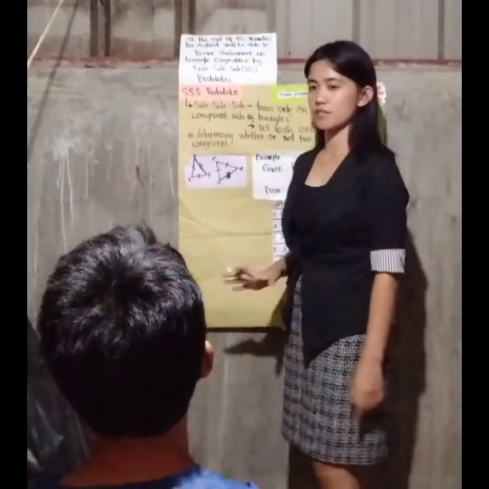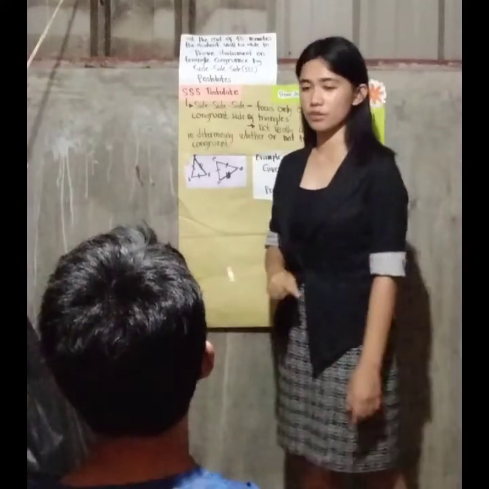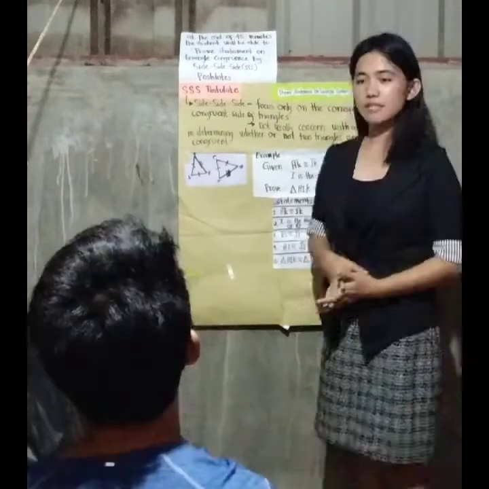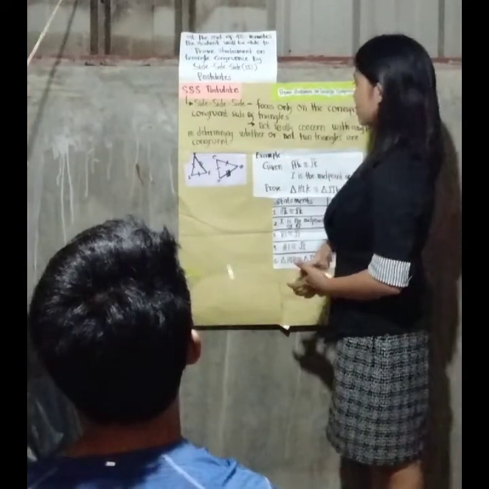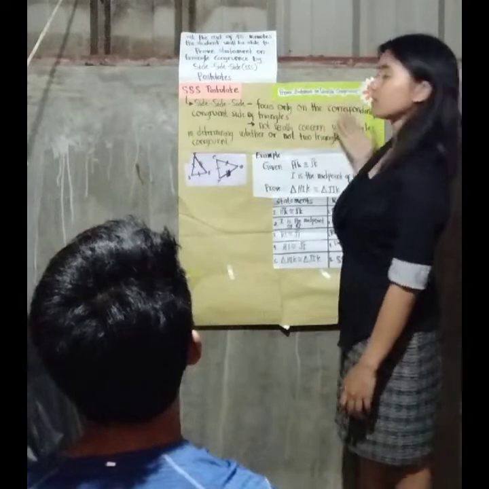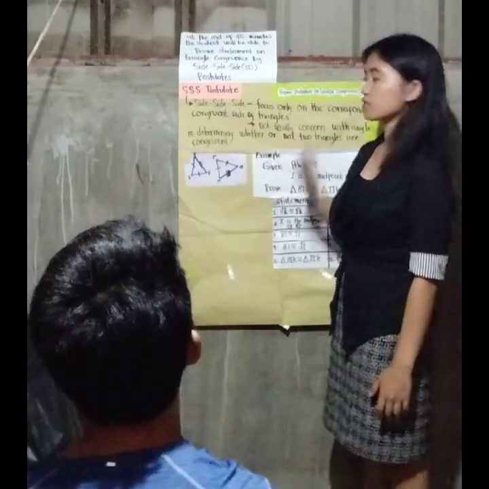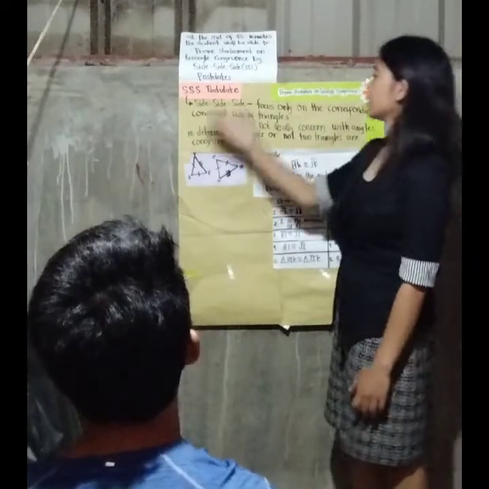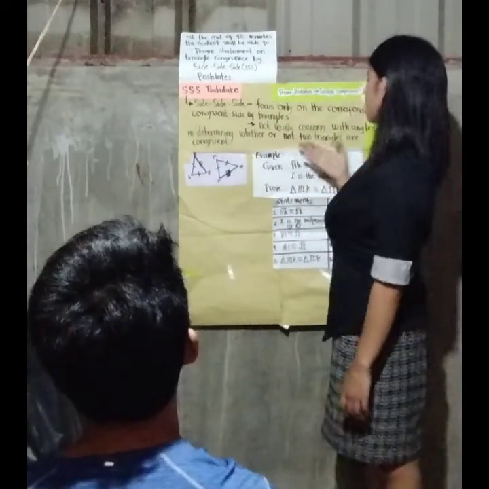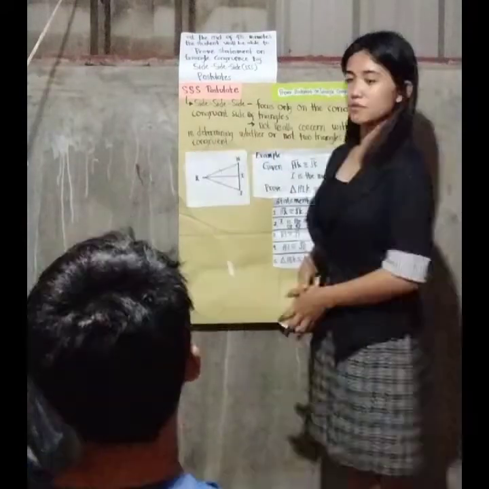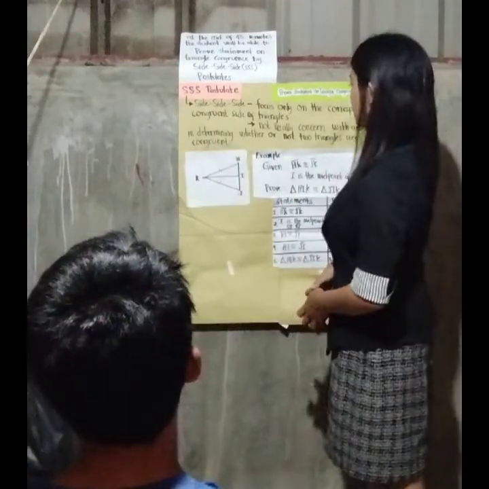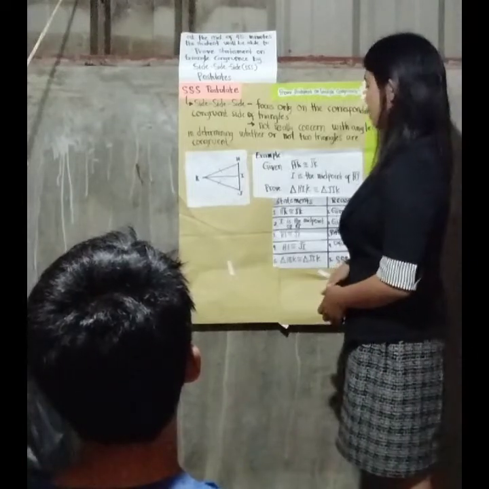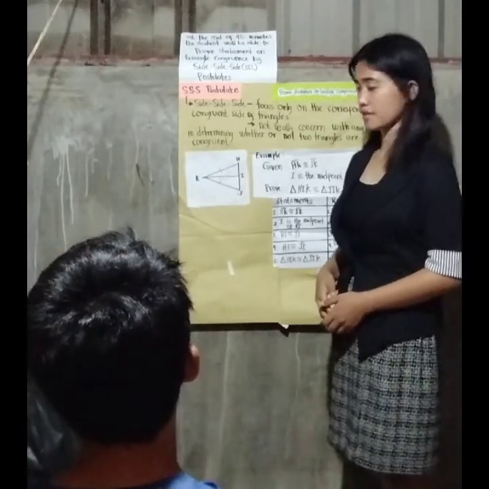Let us first know the SSS postulate, or side-side-side postulate. The side-side-side postulate is focused only on the corresponding congruent sides of triangles, not really concerned with angles, in determining whether or not two triangles are congruent. Let us try to work the two-column proof that requires the SSS postulate.